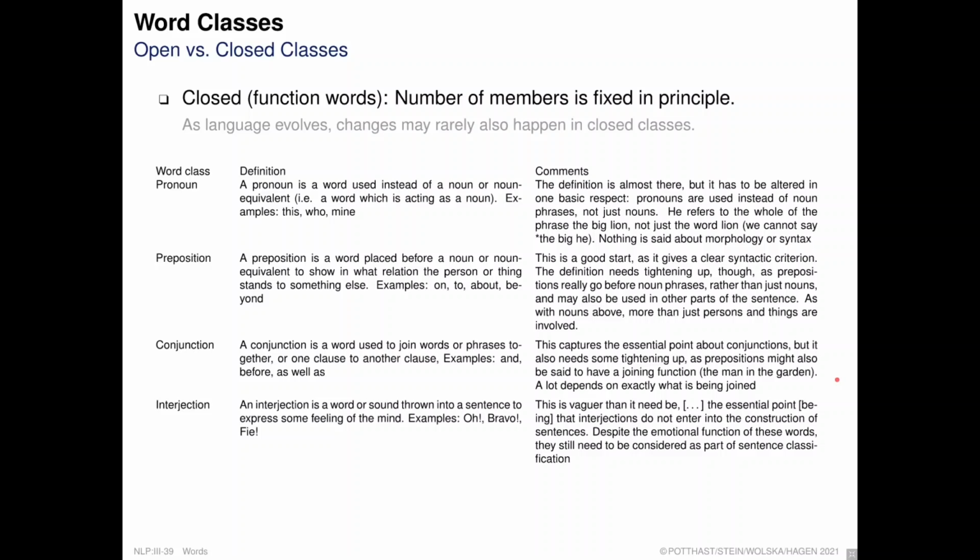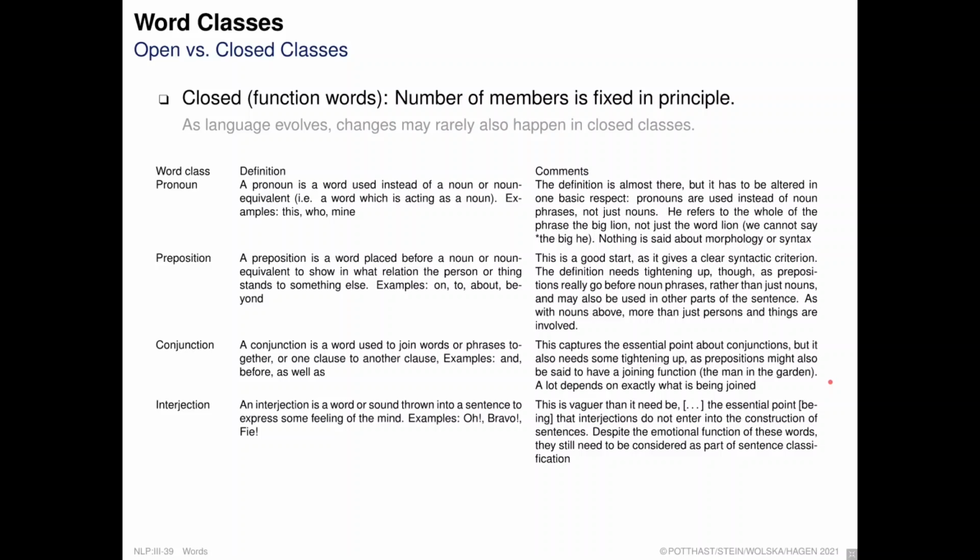But you can observe that in fact prepositions kind of have a similar function. If you say that a preposition puts one person or thing in relation to another, like the example here, the man in the garden, you could say, well, it also somehow joins these two things, the man in the garden.